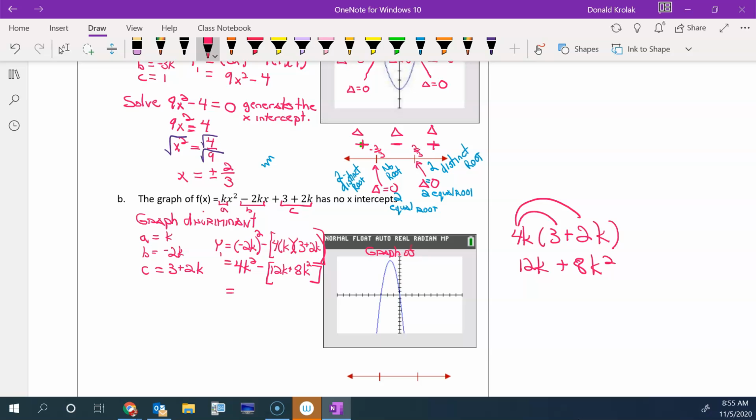Now this negative, guys, affects both of these, since it's inside those brackets. So I'm going to have negative 4k squared minus 12k.